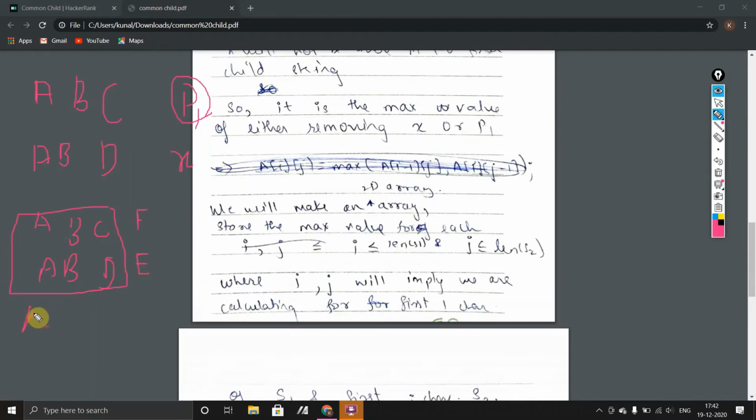It will be like saying it is the maximum of A, B, C and A, B, D, F, or either we are deleting F, or it is the maximum of A, B, C, E and A, B, D. That means we are either deleting F or we are deleting E. And now because these parts, as I said, are already calculated by us, calculation of one more term will be a very straightforward thing. I will show you the pseudocode also, so that you will understand it more clearly.